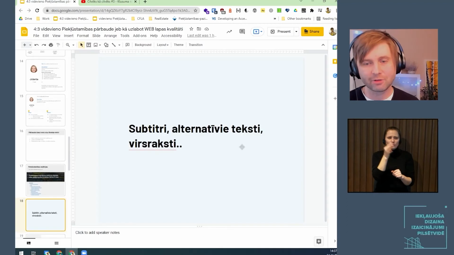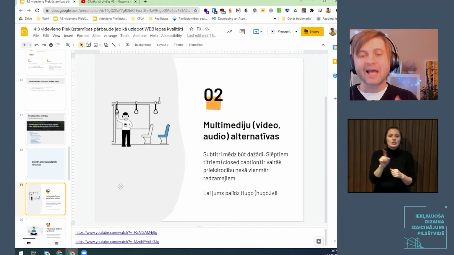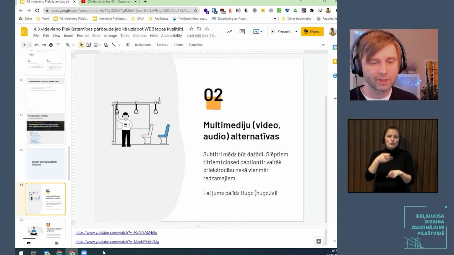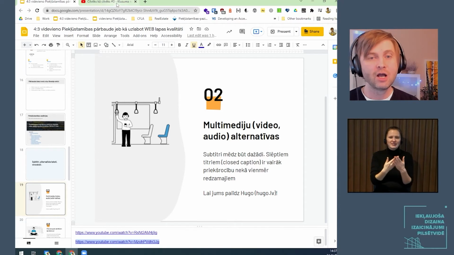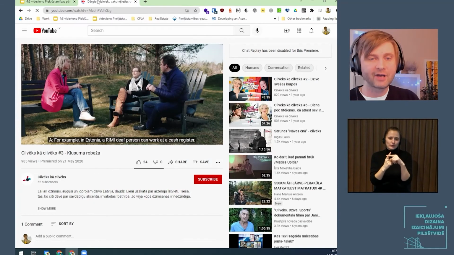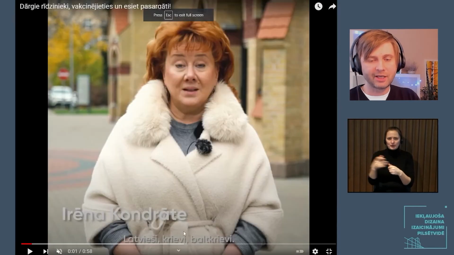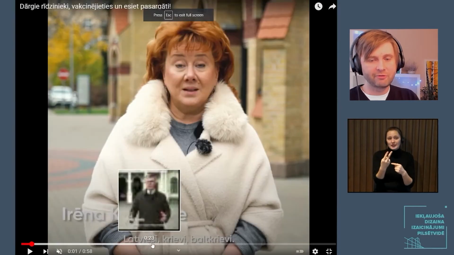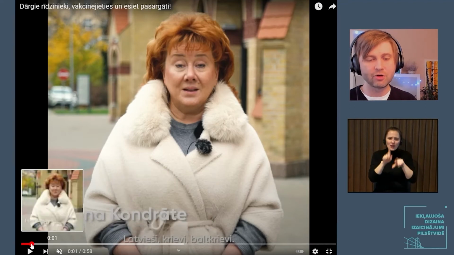I will say this term. Closed caption, the term in Latvian is slēptie titri. And another is the so-called burnt subtitles. So you can see that they interact with this line.